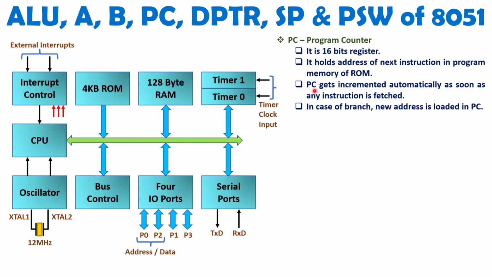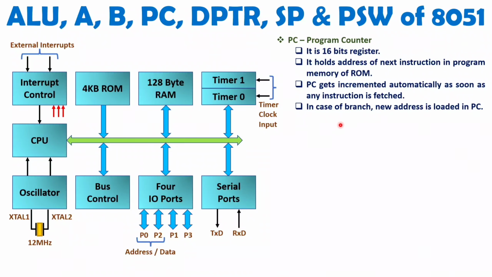So, my dear students, the PC increments automatically once you fetch any instruction, and those instructions are in program memory, inside ROM only, as 8051 is based on Harvard architecture.